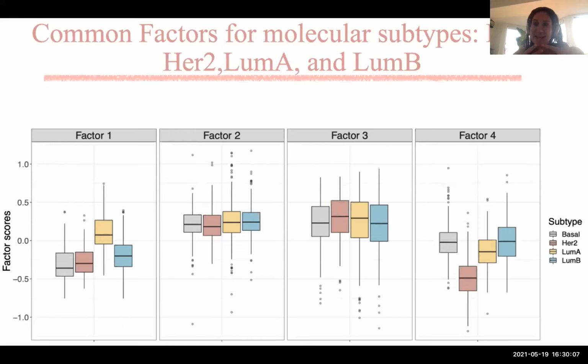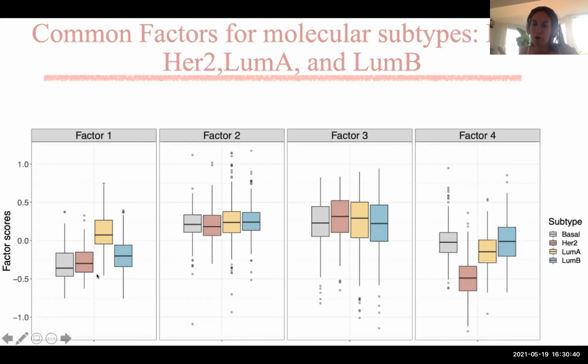These are basal-like, luminal A, luminal B, and HER2 enriched. And these different subtypes present differences in clinical outcome and prognosis. So for this analysis, we first classified the subjects into these 4 different subtypes. And then we looked at the distribution of our common factors for these 4 subtypes.